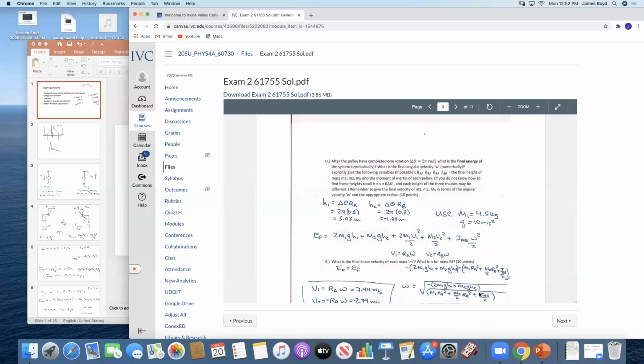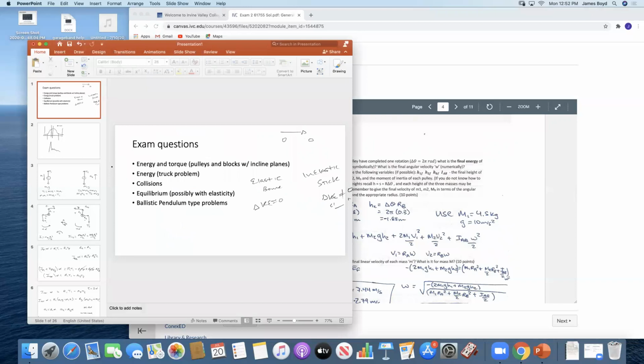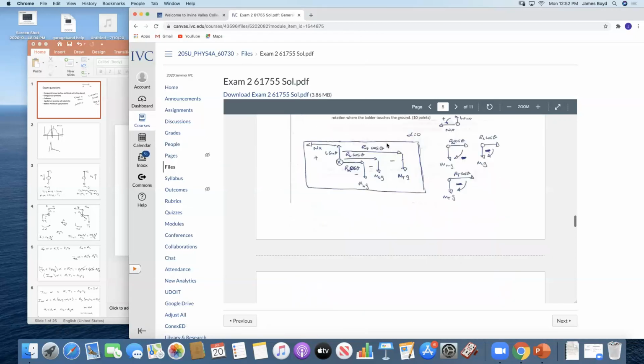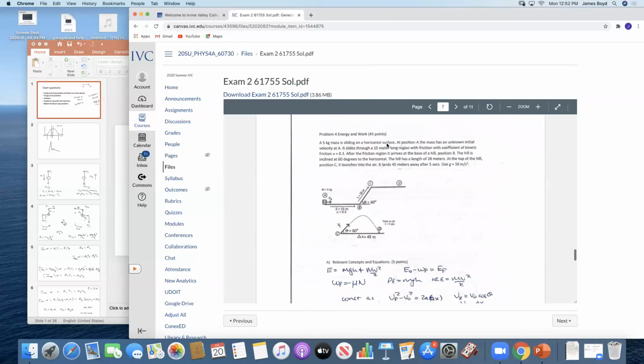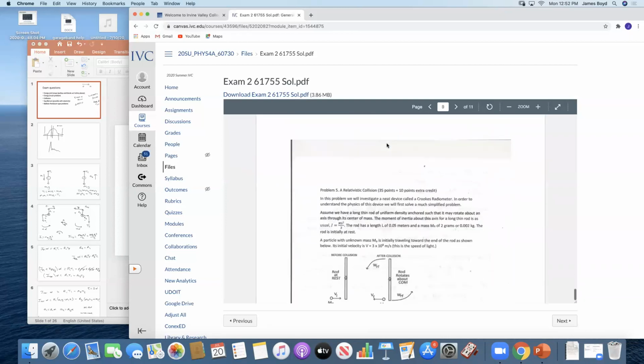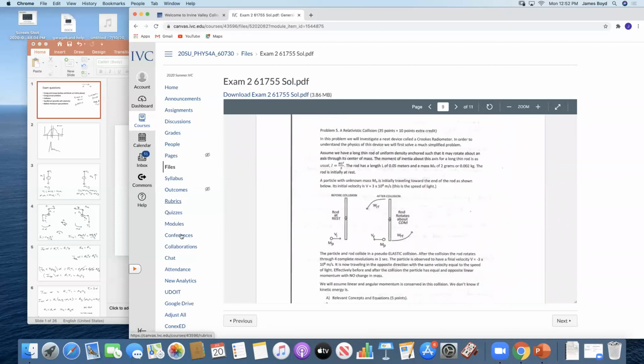Any other questions? Do you have any recommendations for collision and elasticity questions that you might ask for the exam? The one that's on here, and I don't even know if it's on this exam. It's not on the other exam.